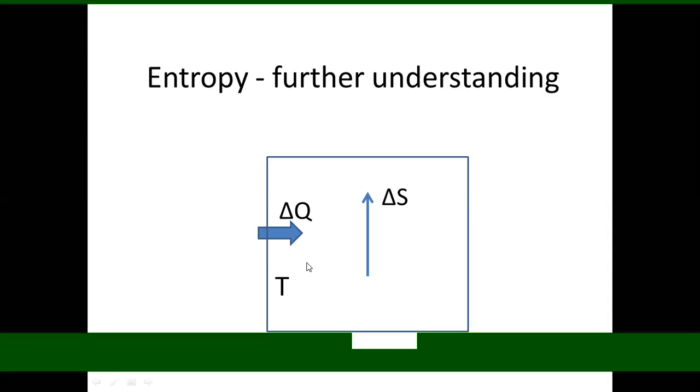For this enclosed system, with heat transfer delta Q and the relevant temperature T at the space, there is an entropy increase delta S. As we discussed last week, delta S is greater than or equal to delta Q by T. This is what we call the Clausius inequality, which is one of the aspects of the second law of thermodynamics.